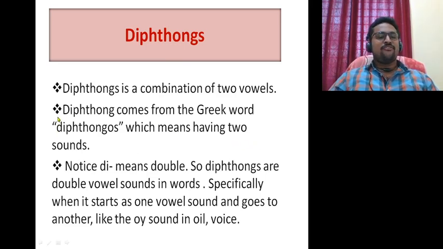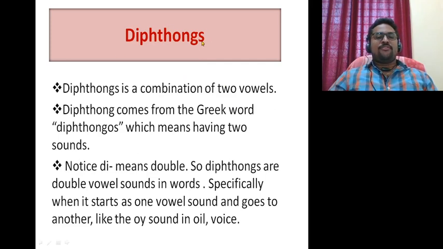What is the Greek word for this? Diphthongos. It means having two sounds. A diphthong is a combination of two vowel sounds.